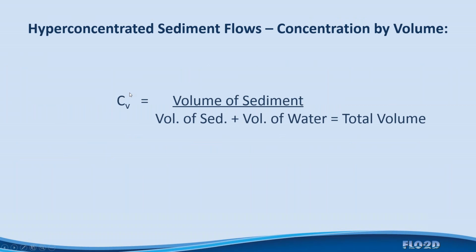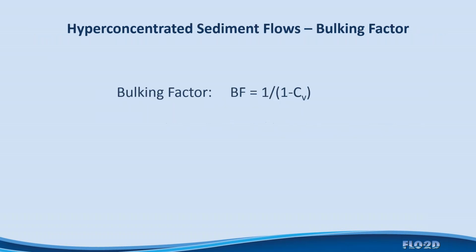Just a little bit of review, we went over this last week: the concentration by volume that I talk about here is nothing more than the volume of the sediment divided by the total volume, which is the volume of the sediment plus the volume of the water. The bulking factor associated with a mud flow or mud flood is nothing more than 1 over 1 minus the concentration by volume.